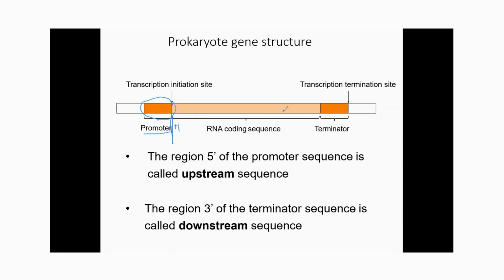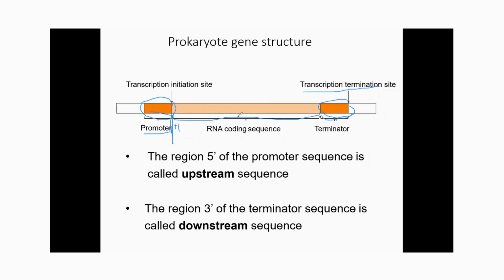These are the RNA coding sequences, from this +1 up to this point. Okay, and at the end, there is the termination sequence. Here the termination of the transcription process takes place. So we can see that the region where the initiation of transcription takes place is known as the promoter.